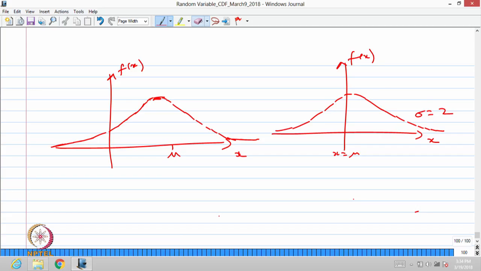One can draw the density with sigma equal to 4 with the same mu. So this is sigma equal to 4. That means mu is the same for both probability density functions, whereas sigma gives the spread. The larger the sigma, the more spread; and the smaller the sigma, the less spread and the higher the peak.